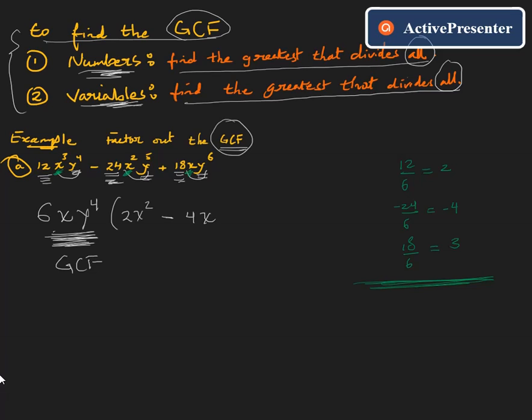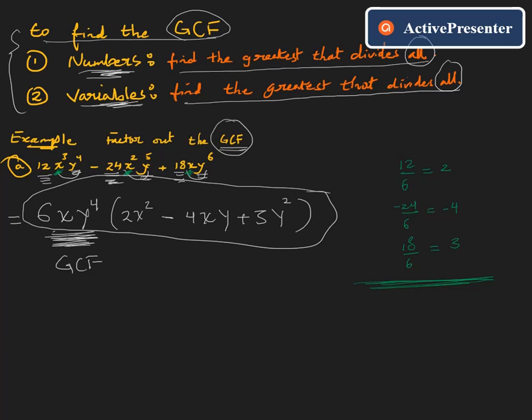Y to the power 5 divided by y to the power 4 is y, plus 3, x divided by x is eliminated, and y to the power 6 divided by y to the power 4 is y squared. Now we factored the greatest common factor. This is our answer.